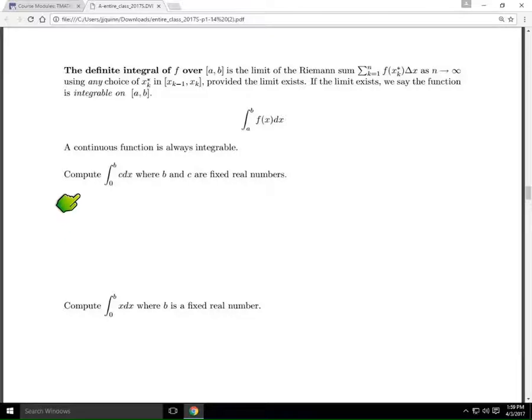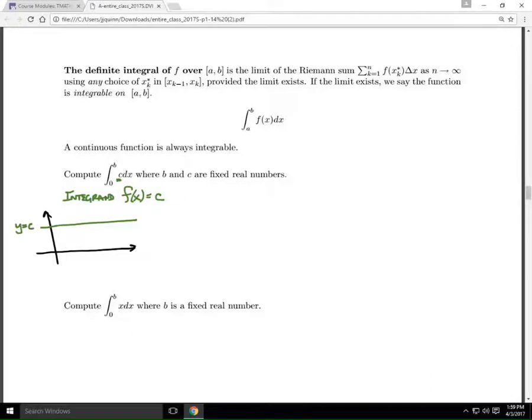Looking at the definite integral from 0 to b of c dx, where b and c are fixed real numbers, the first thing you should have noticed was that your integrand was the constant function f of x equals c. Let's just draw a picture of it to get an idea what's going on.